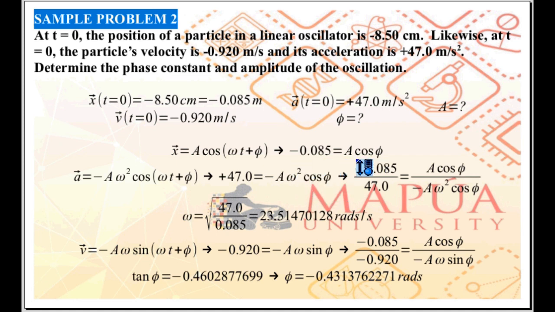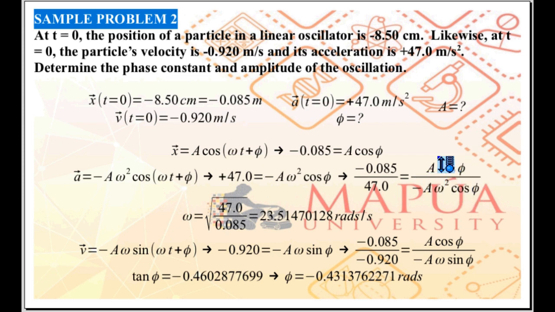Dividing x by a, we have negative 0.085 divided by 47 is equal to A cosine phi divided by negative A omega squared cosine phi. We can cancel out cosine phi.